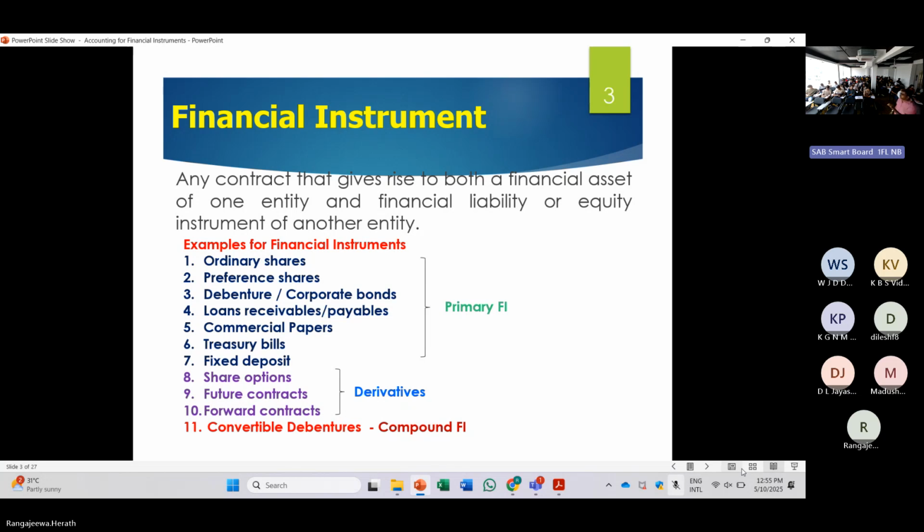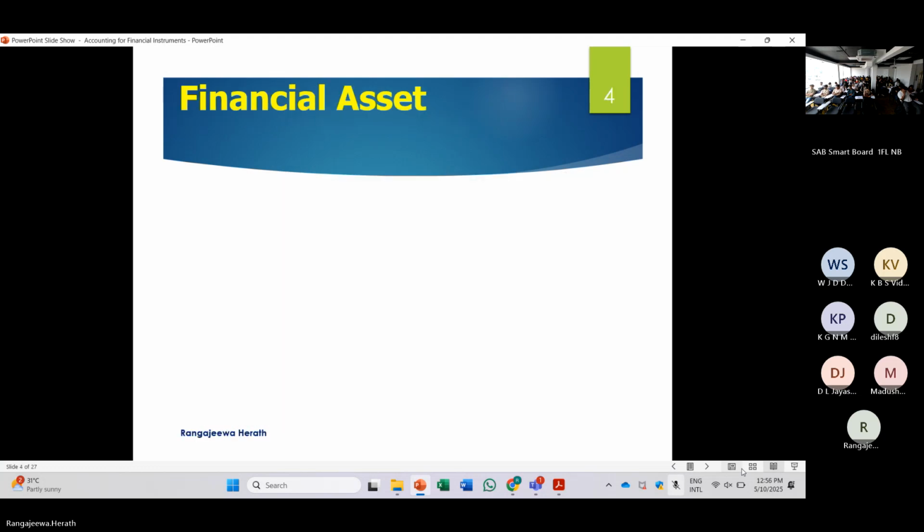When you invest in ordinary shares of another company, it can be classified as either financial asset at fair value through profit or loss, or financial asset at fair value through other comprehensive income, right? Then we are going to look at what is meant by financial asset.